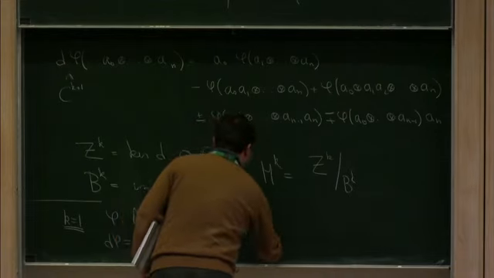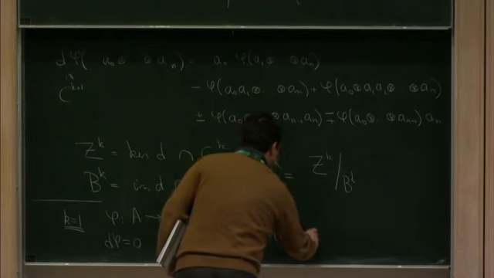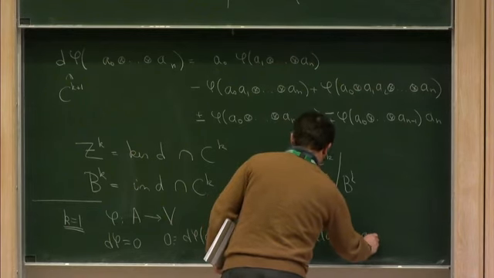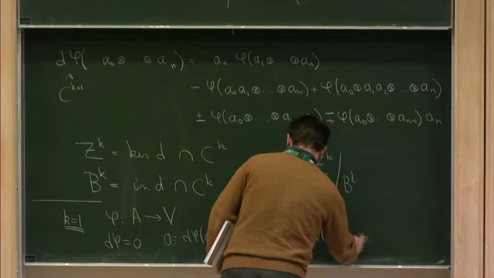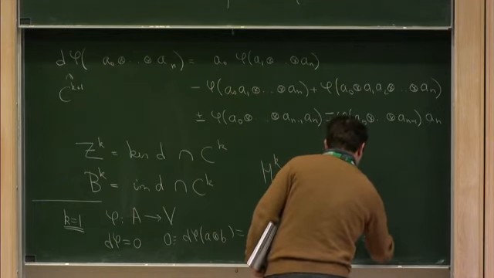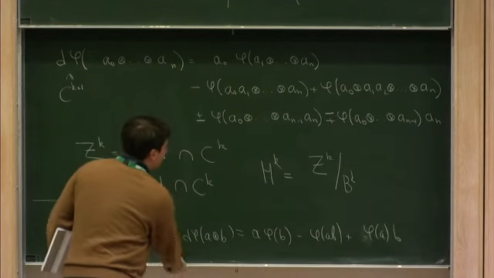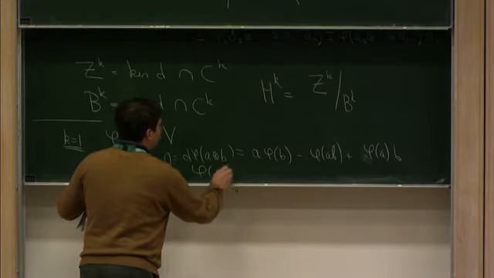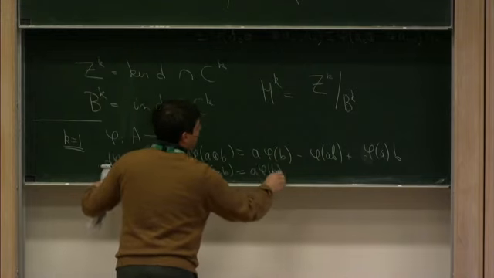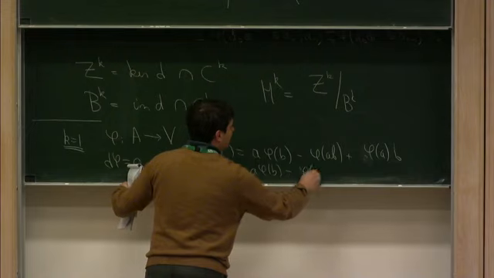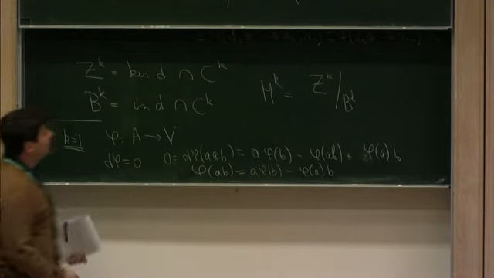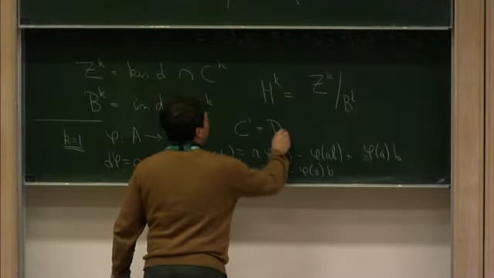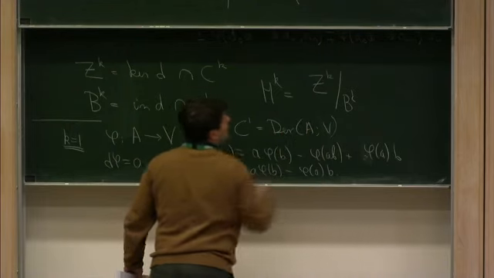And that's A phi of B minus phi of AB plus phi of A times B. In other words, what you have is the familiar Leibniz property. So the one cocycles are precisely derivations. So C1 is the derivations from A into the bimodule V.